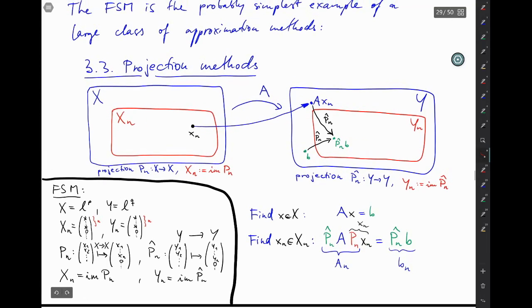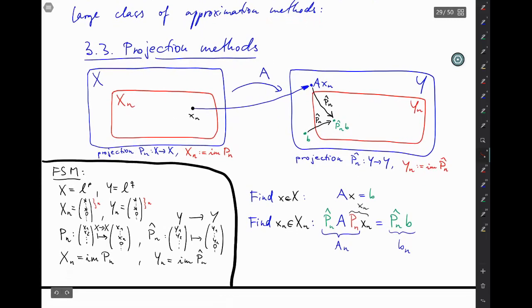Okay, well, up here we claim that we get a particular class of approximation methods, and for this to be true we need the following. We need that an goes to A strongly and bn goes to B in the norm of your space Y.